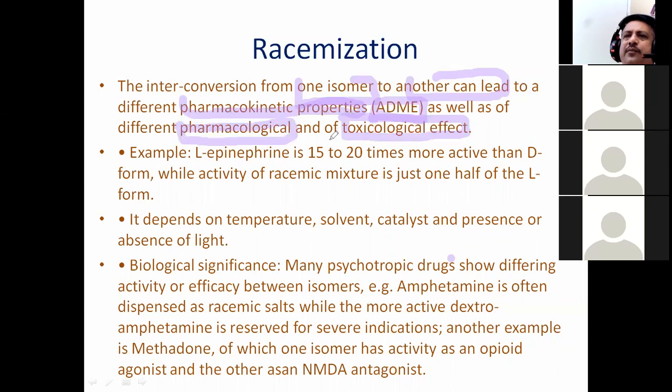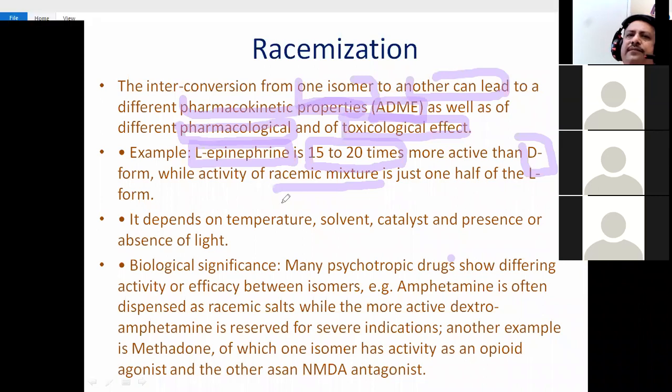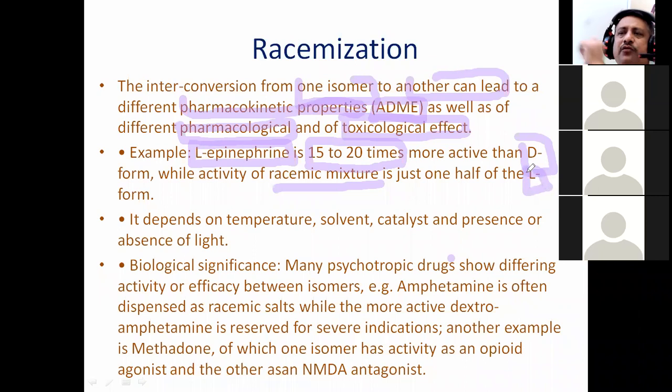Let's see with the help of an example: L-epinephrine, the levorotatory enantiomer, is 15 to 20 times more active as compared to the dextro form of epinephrine, while the activity of the racemic mixture is just half of the levo form.